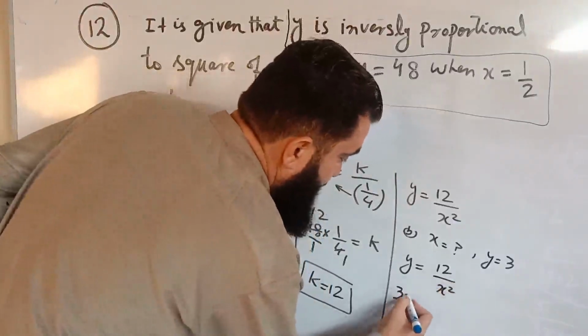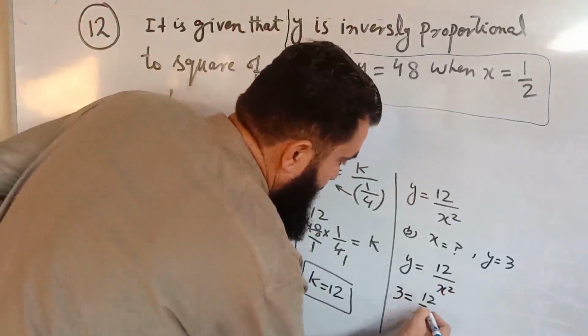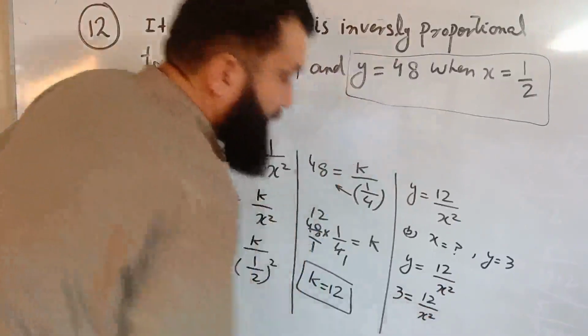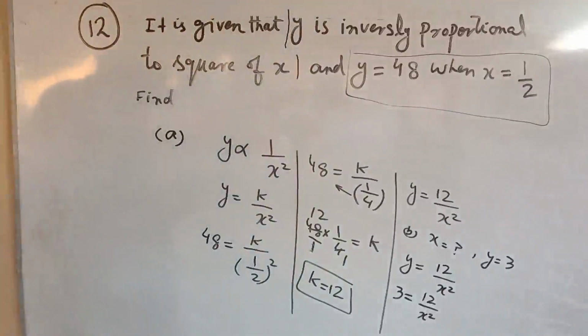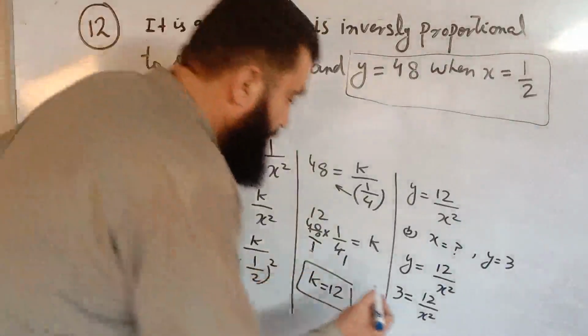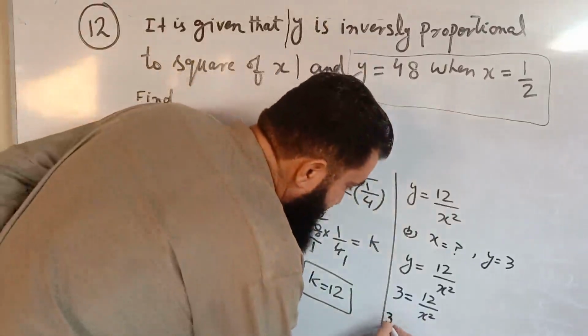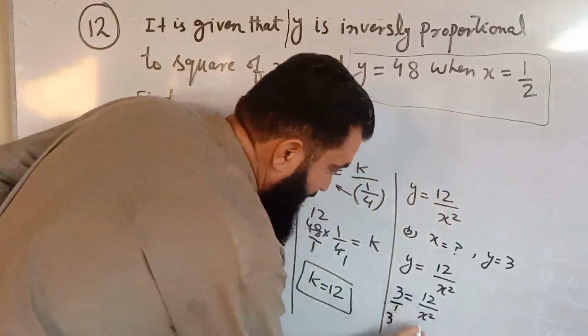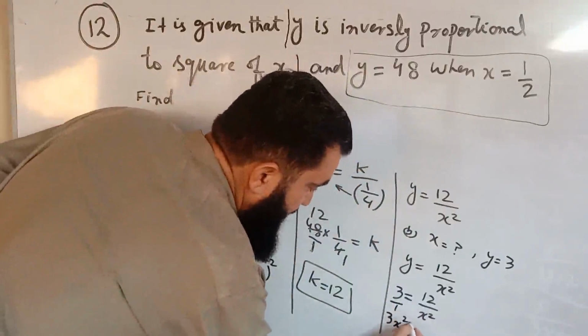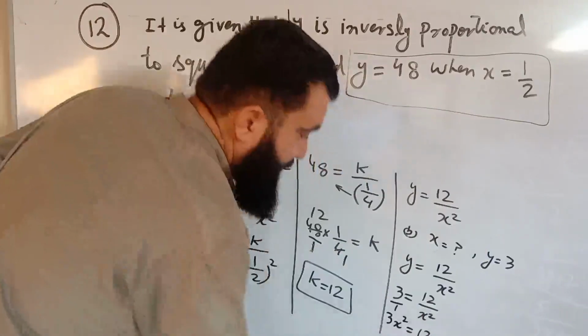Y is equal to 3 will become 3 is equal to 12/x square. Understand? Therefore, this can be written as, now this is 3/1. So if you cross multiply, this becomes 3x square is equal to 12.